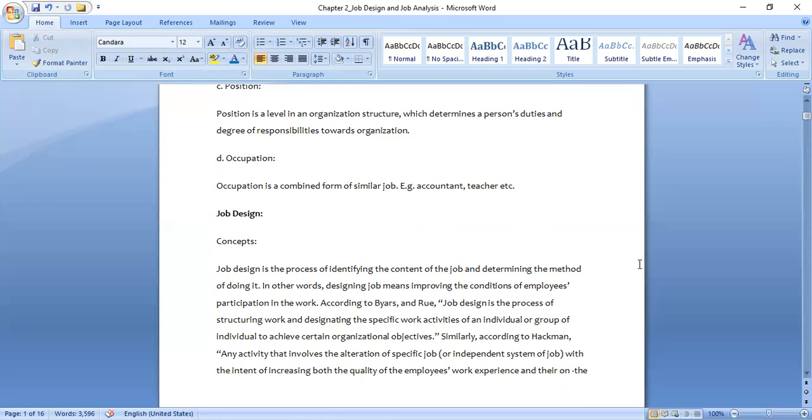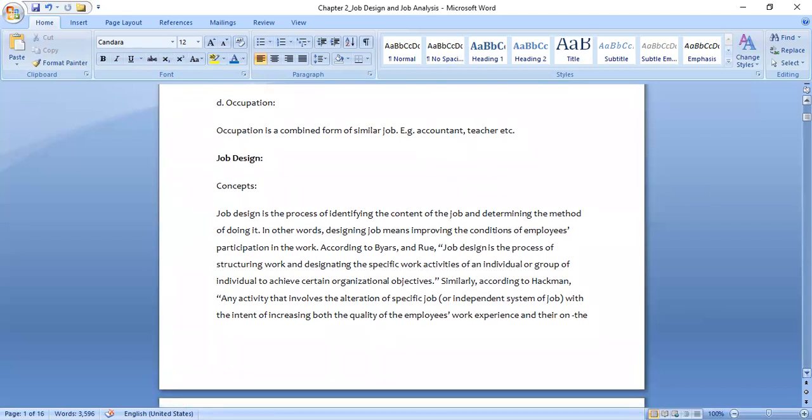So let us look at job design. Basically, job design, to be precise, involves identifying the content requirements in a particular job, and how it will be carried out, right?